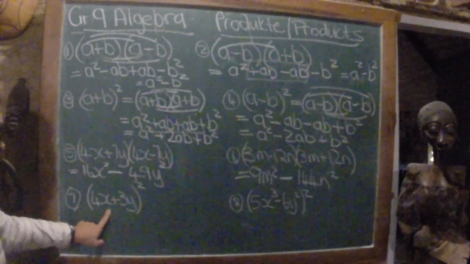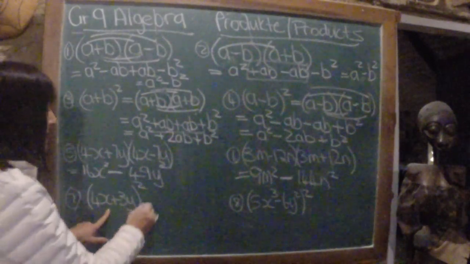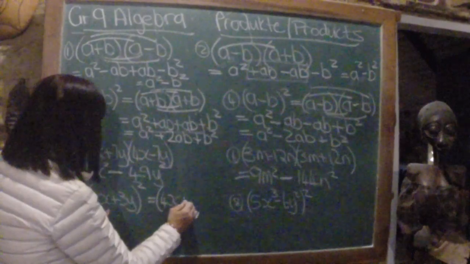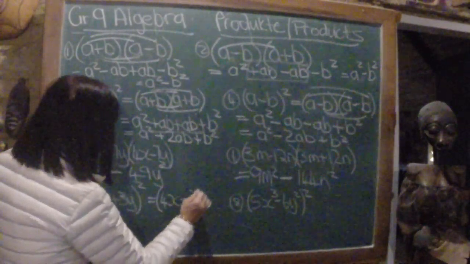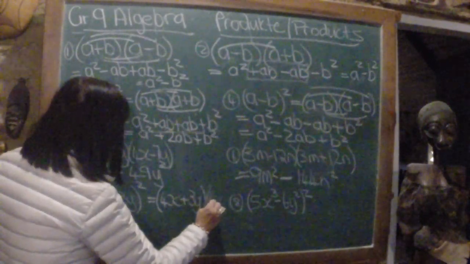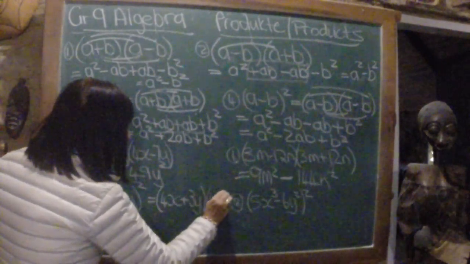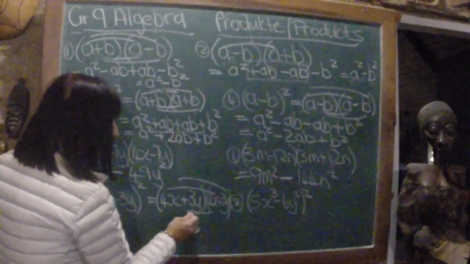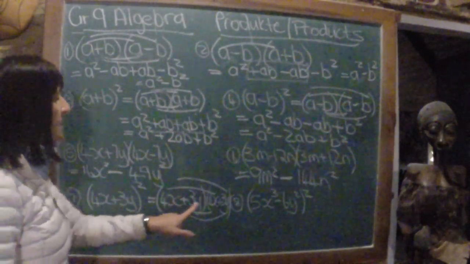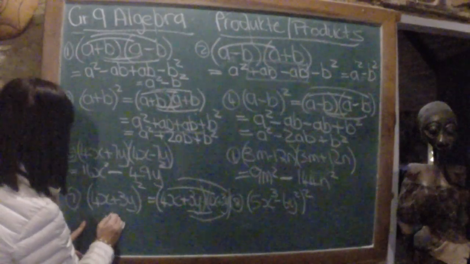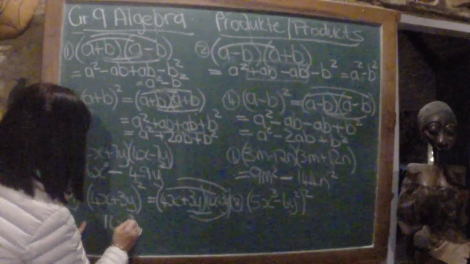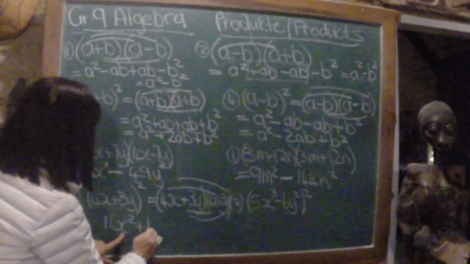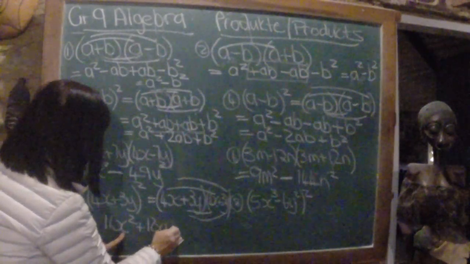But this is not the difference between two squares. It is not the difference between two squares. I write my bracket twice. Rewrite brackets twice. And now I'm going to do my arrow method. So 4x times 4x gives me 16x squared. 4x times plus 3y is plus 12xy.